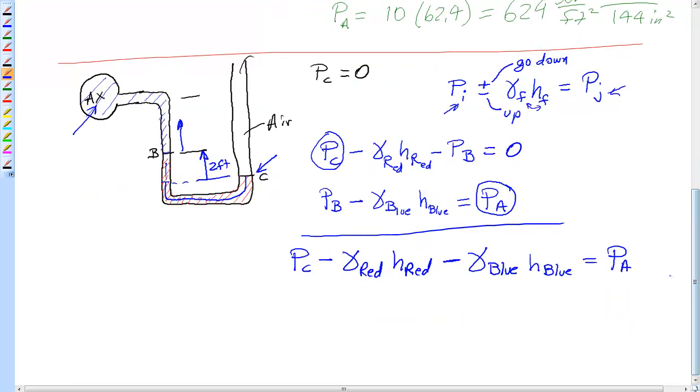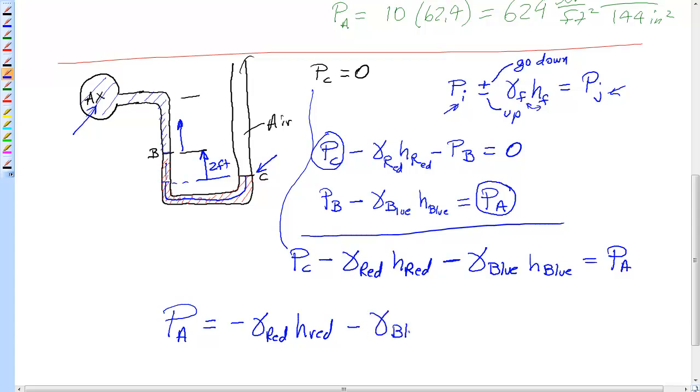Now I can state the inevitable fact that that was 0, and I end up with the pressure at A being equal to, and essentially I get these values here, and that would be minus gamma red, H red, minus gamma blue fluid, H of the blue fluid, and then you're done.